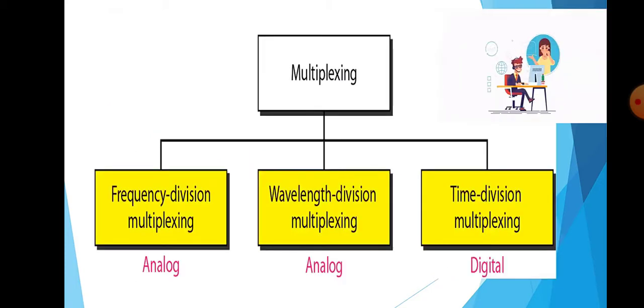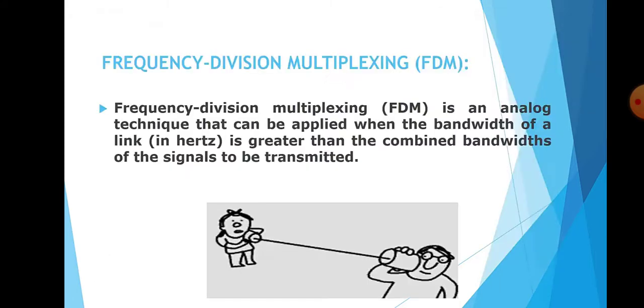So the diagram shows the multiplexing techniques, like frequency division multiplexing, wavelength division multiplexing, and time division multiplexing. FDM and WDM can be used for analog signals, and TDM can be used if the given signal is a digital signal.